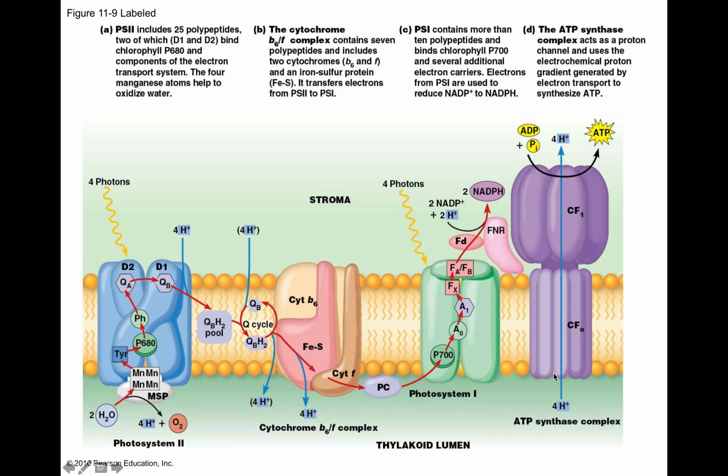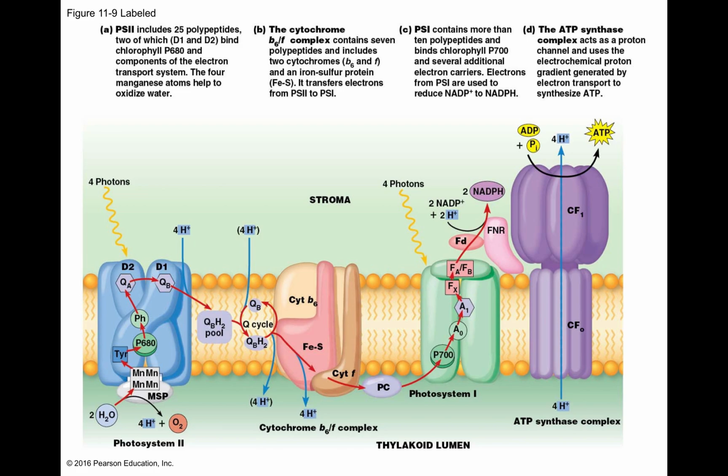Those protons are going to go through the FO channel into the F1 head. Those beta subunits are going to change shape 120 degrees per turn, and they're going to put together ADP and P to make ATP, just like you saw in mitochondria.